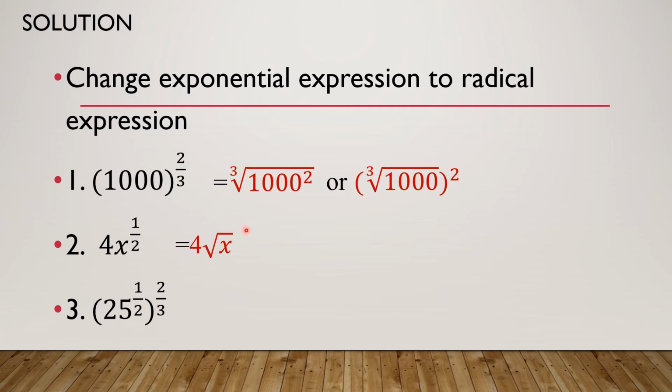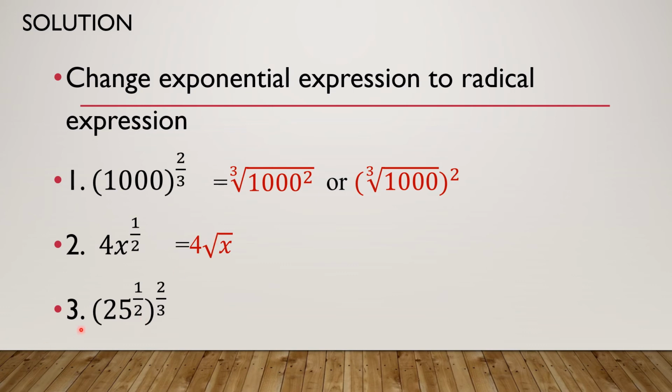So, ibig sabihin po, natural na po na 2 yan. So, square root of x. So, yung 1 po na exponent natin, understood na po na may 1 yan. So, again, kapag 2 po ang denominator po ng ating rational exponent, hindi na po ilalagay as our index.